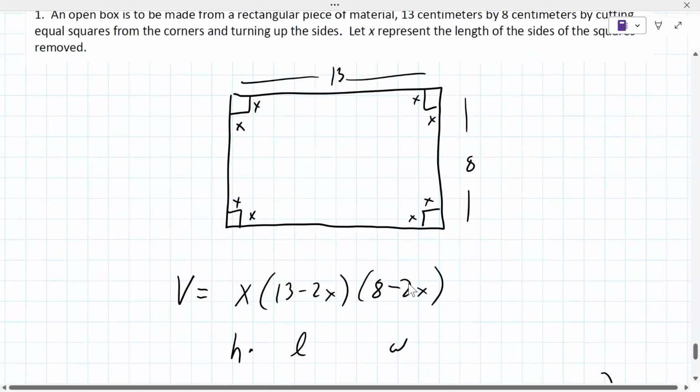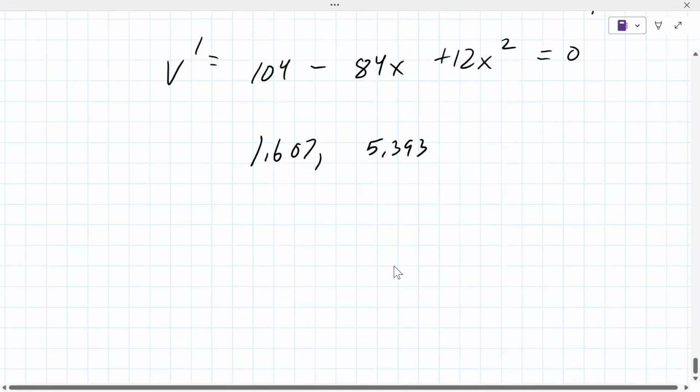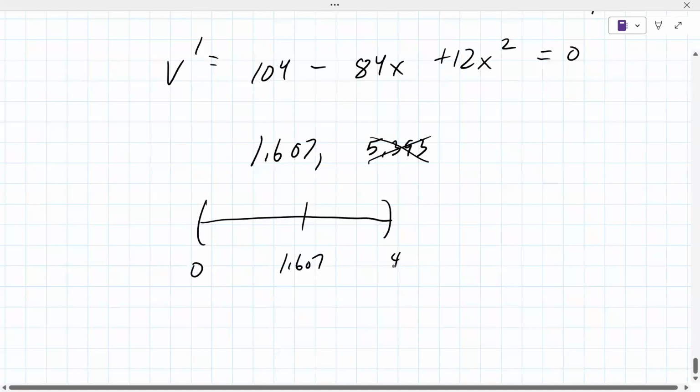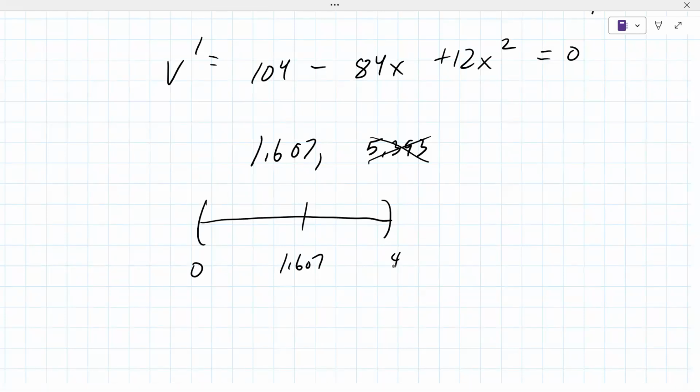So the domain is actually limited by this one on the right here to 0 to 4. And that's kind of instructor specific. Okay. 1.607.